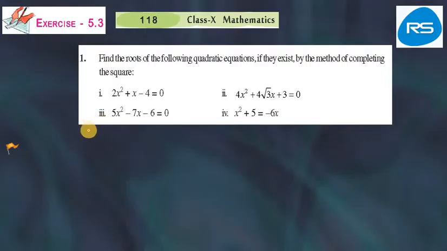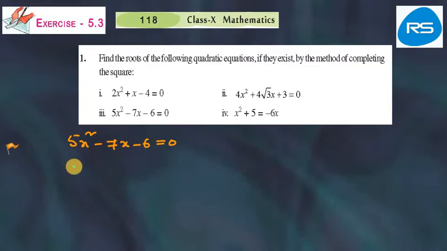So moving to the third sum, we have 5x square minus 7x minus 6 is equal to 0. So same thing, I am dividing with 5 both the sides. So what will we get with 5?